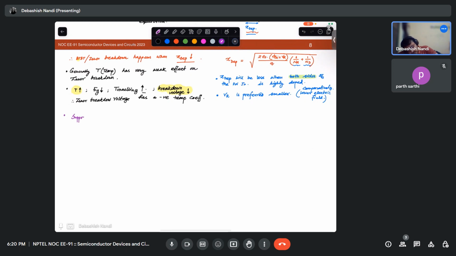Suppose you have a metal semiconductor Schottky barrier, which is rectifying in nature. How can you make it ohmic?